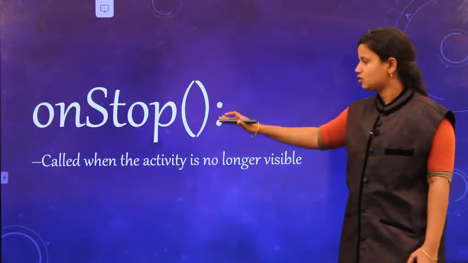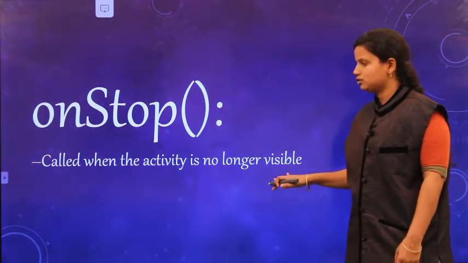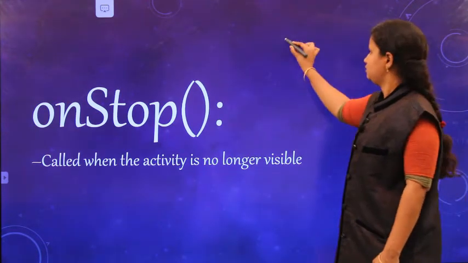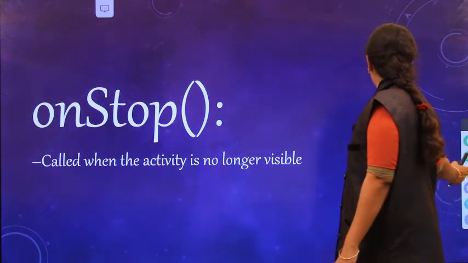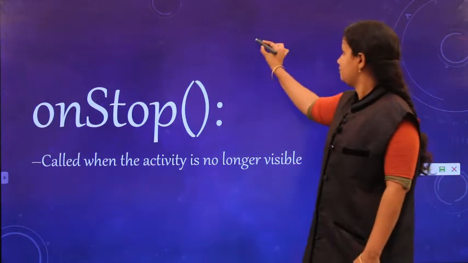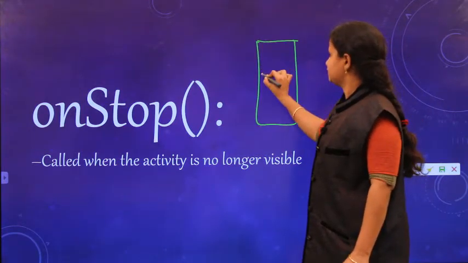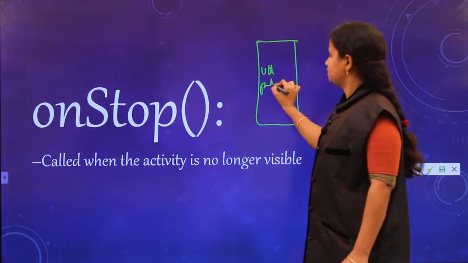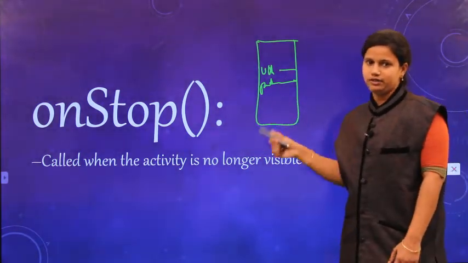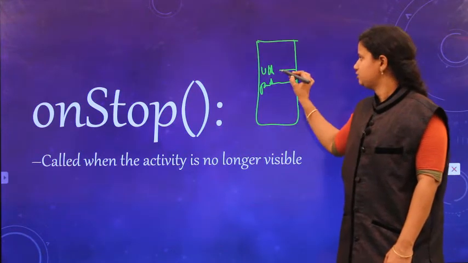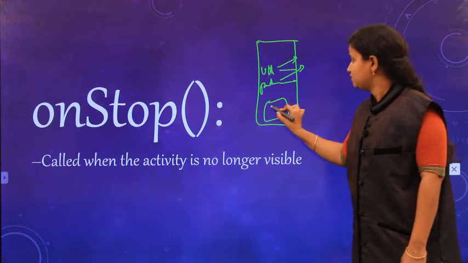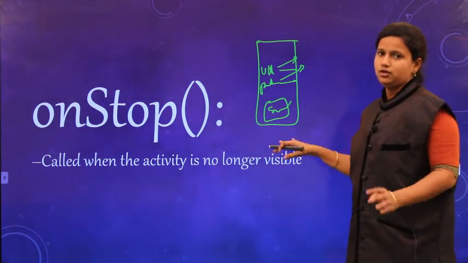onStop. onStop is called when the activity is no longer visible. You are not interacting with this activity, not giving any information in the fields, or pressing the submit button or anything else.